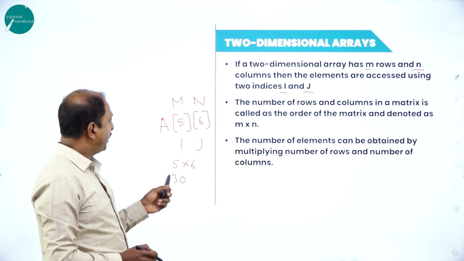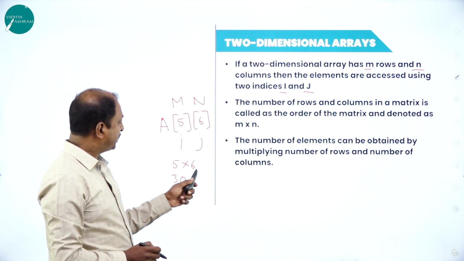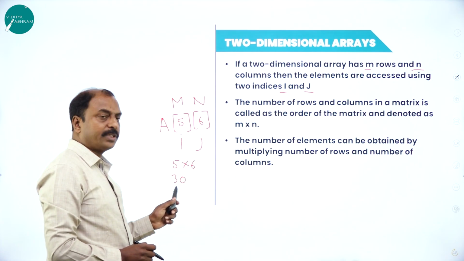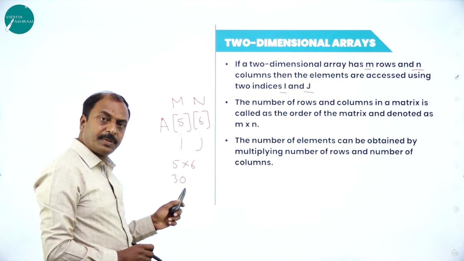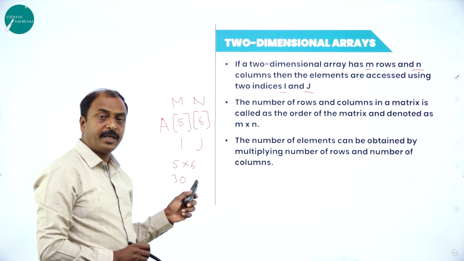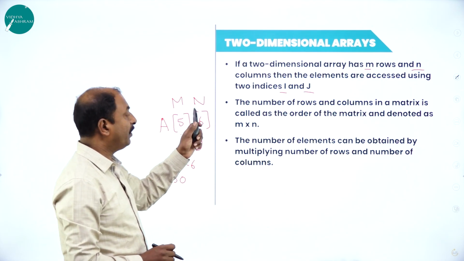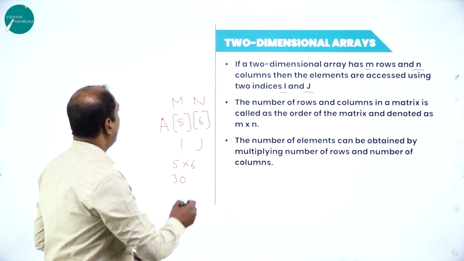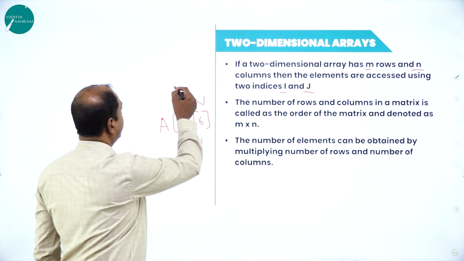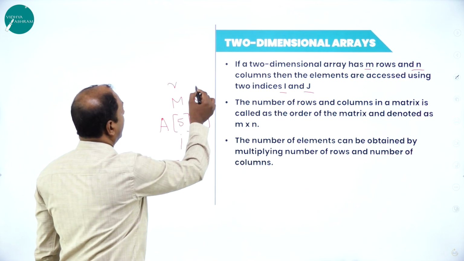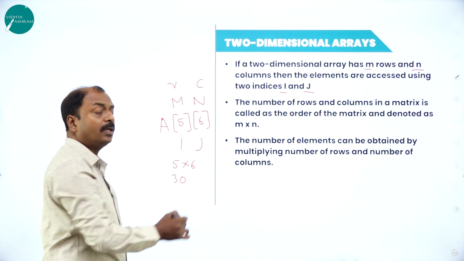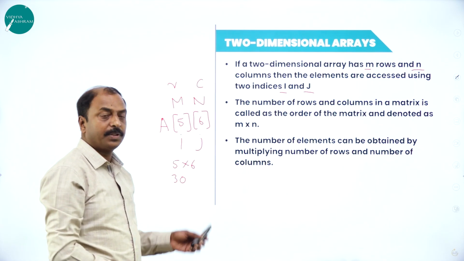Same thing here, there are 5 rows and 6 columns, 5 into 6 equal to 30. So it is possible to store 30 elements in a matrix of the order 5 into 6. Always the first index stands for rows and the second one always stands for columns. That you have to keep in mind.